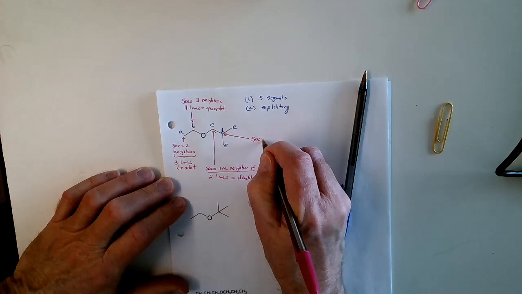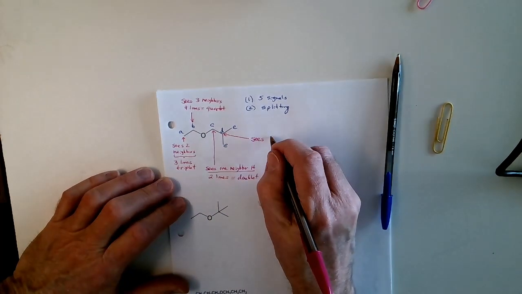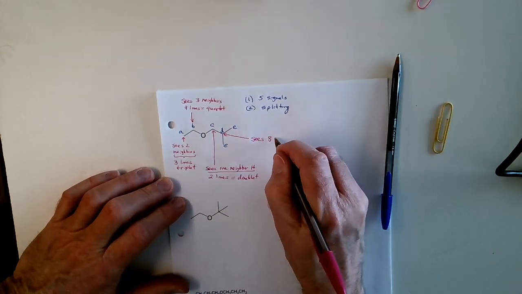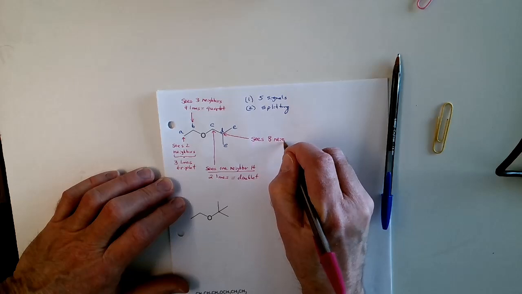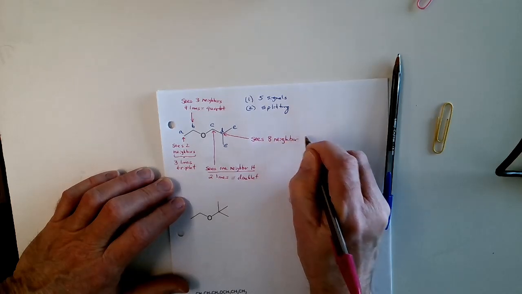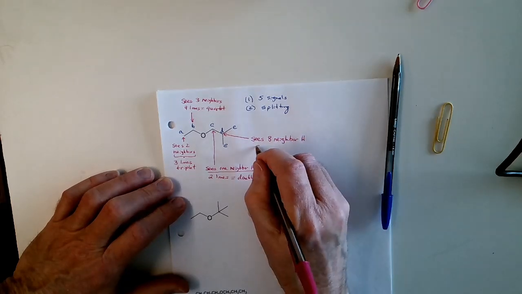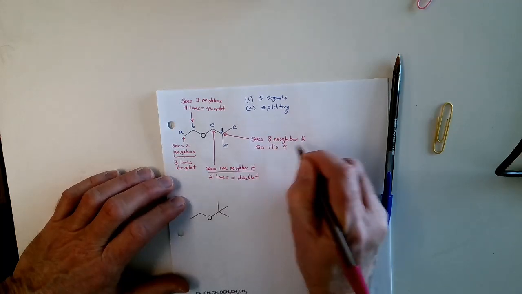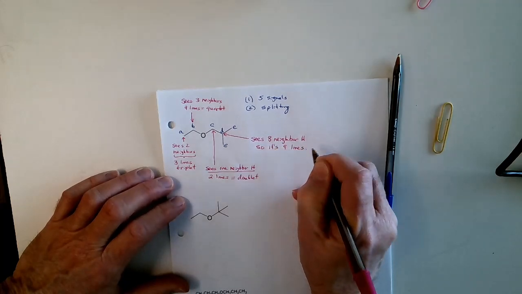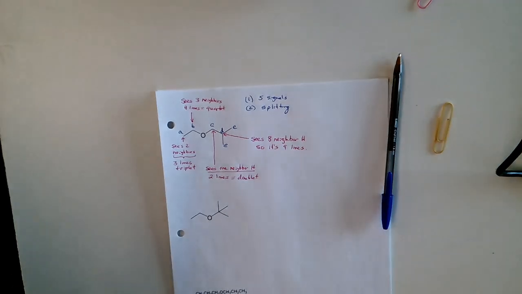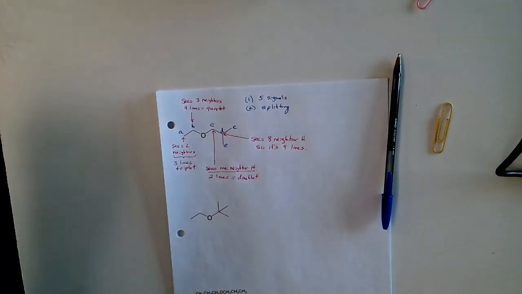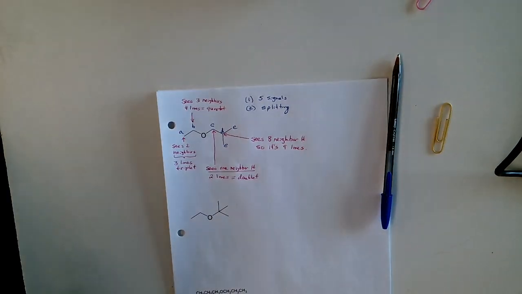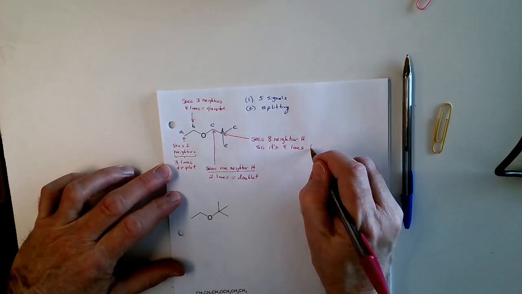This one hydrogen here sees a total of 8 neighbor hydrogens. So it's 9 lines, and there is no official name for that. I don't think that's even a word. So 9 lines, 8 plus 1.